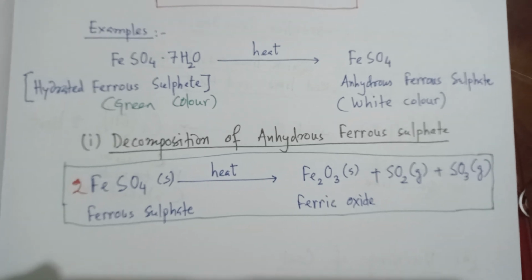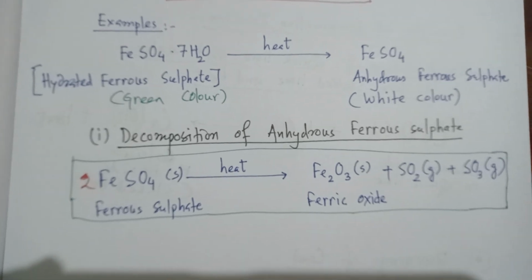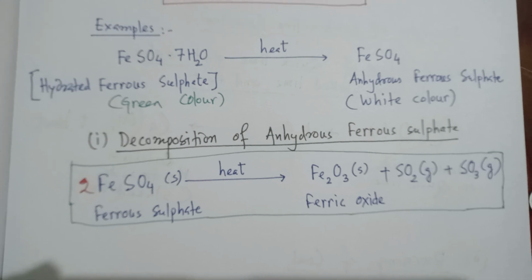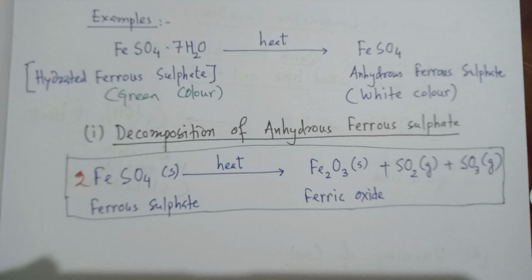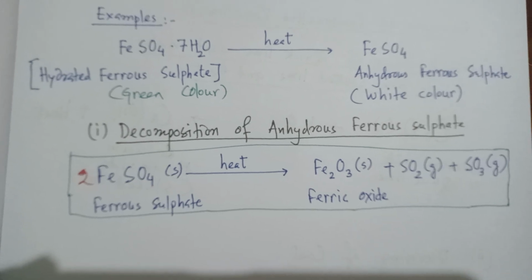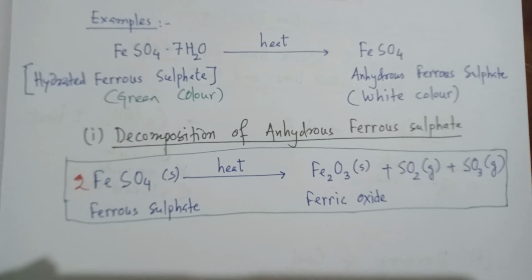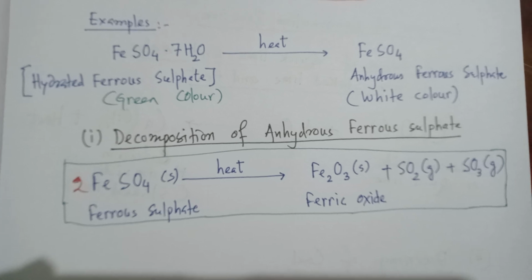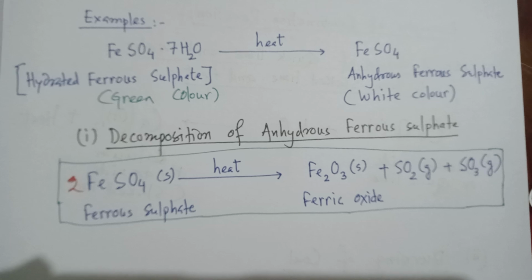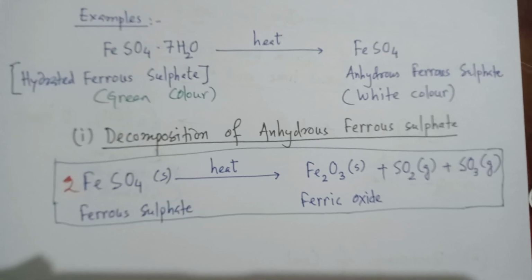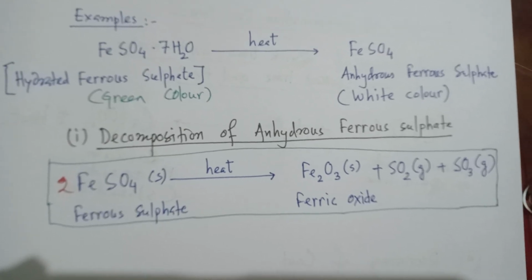Here is one important example of decomposition reaction. So we are taking ferrous sulfate, which is initially hydrated and green in color. The formula is FeSO4·7H2O. 7 molecules of water are attached with 1 molecule of ferrous sulfate.